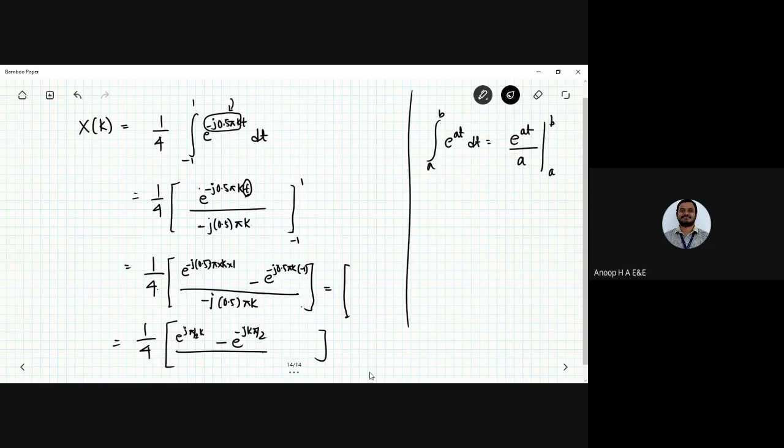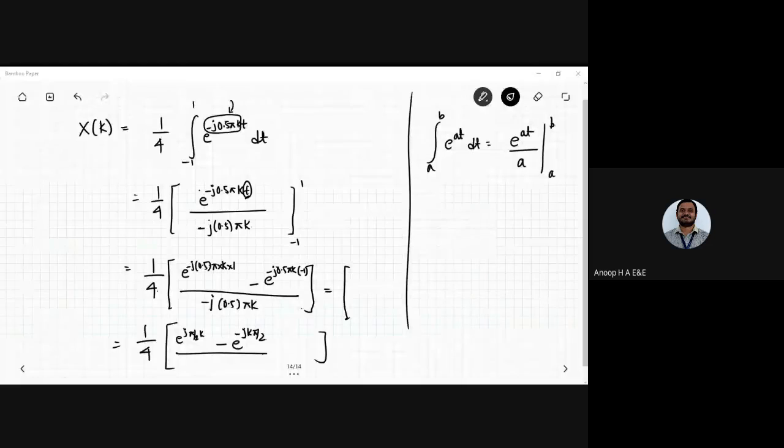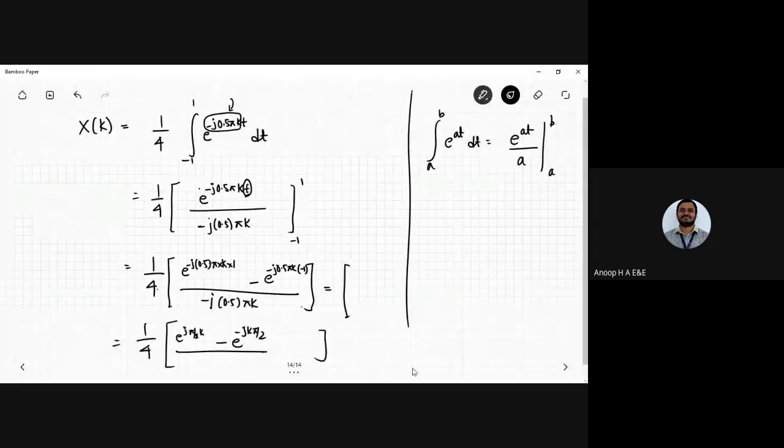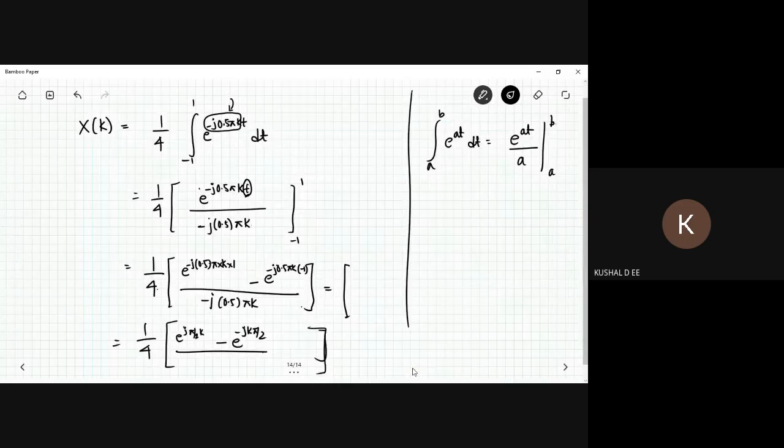How are you going to write this? Can anyone unmute themselves and tell me what should be in the denominator? Not a problem.